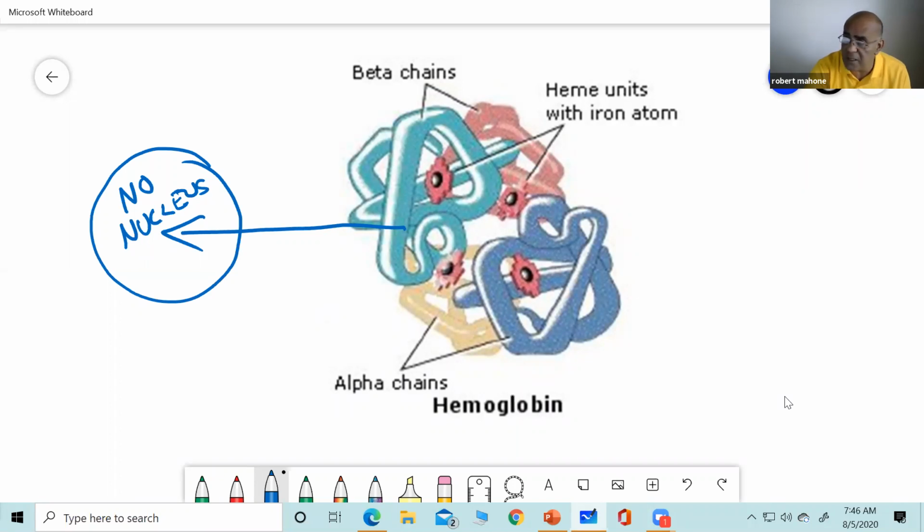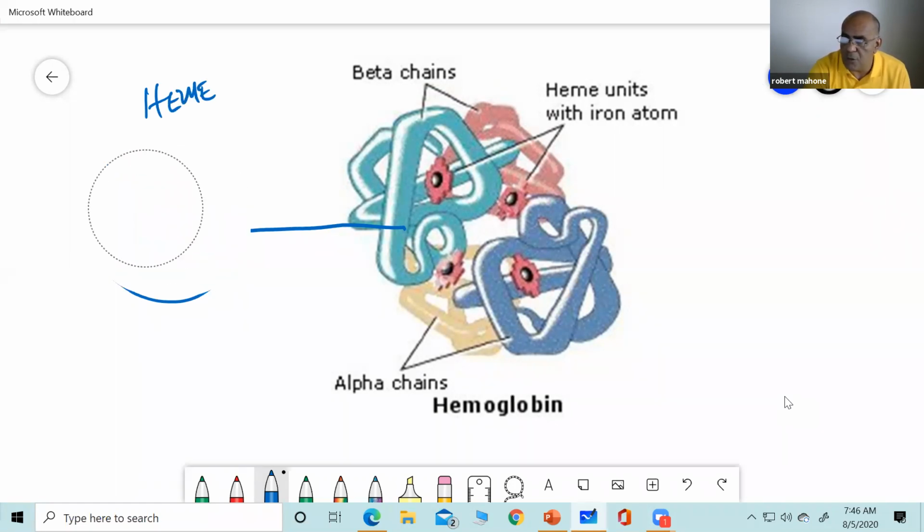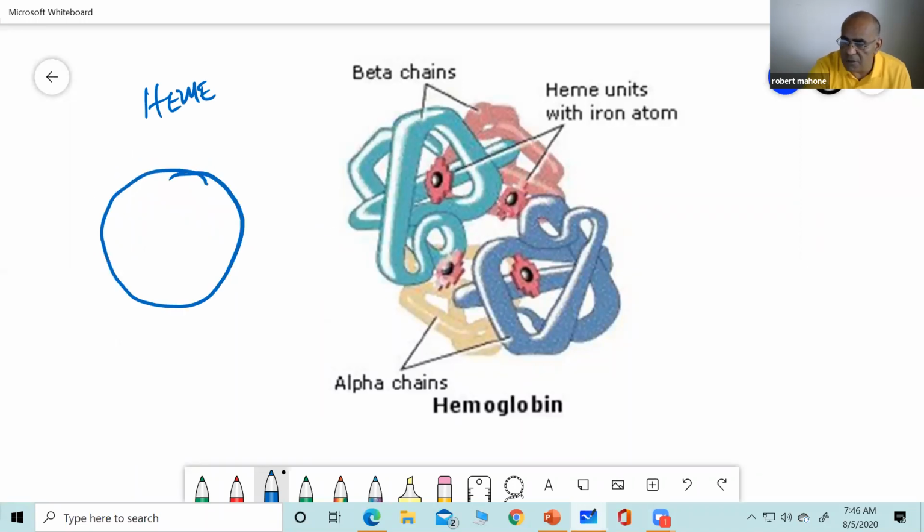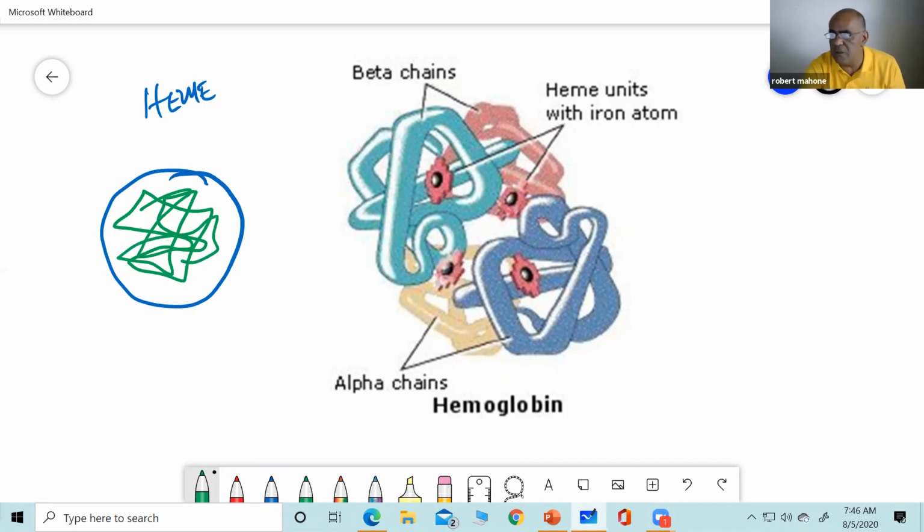The space is taken up by this molecule, which is called heme. So if you look inside your basic red cell, instead of a nucleus, you're going to see this molecule in there. This twisted molecule of heme.